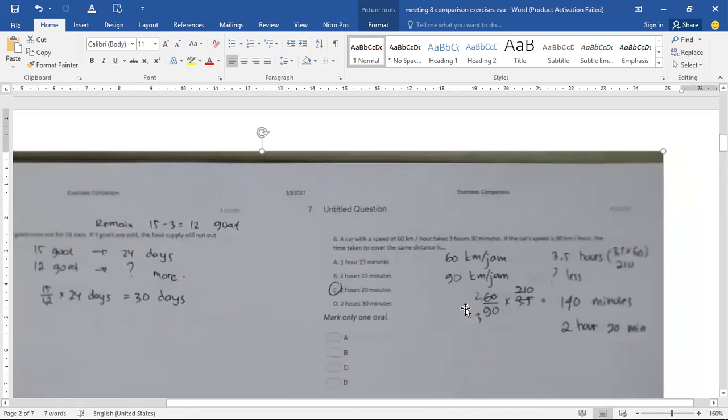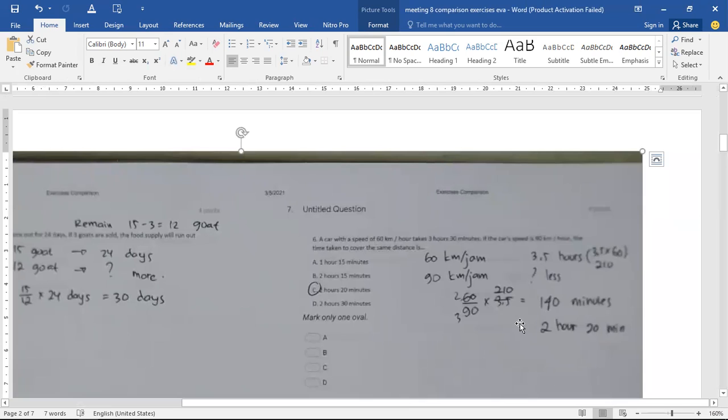Okay, next we move to number 6. It is about velocity. When we have 60 kilometer per hour, it takes 3.5 hour. So how about if we change it into 90 kilometer per hour? How many hours needed? Because this is about velocity, I think if we go faster, it will take less time than the schedule.